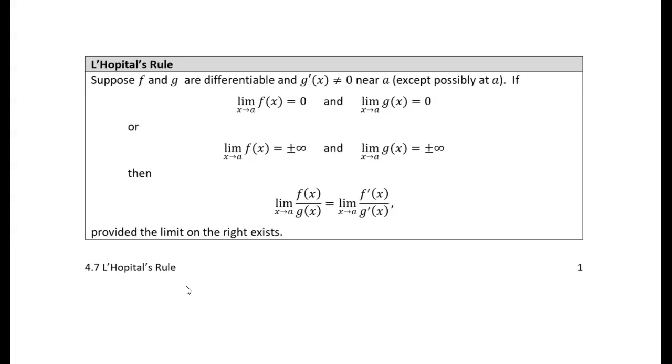Of course, the limit on the right hand side has to exist.